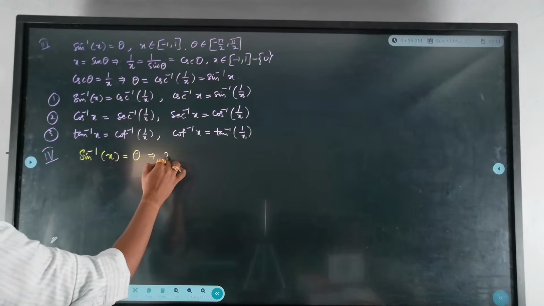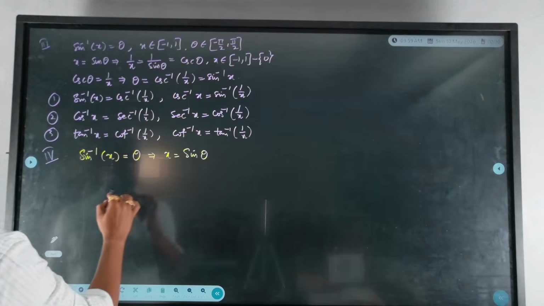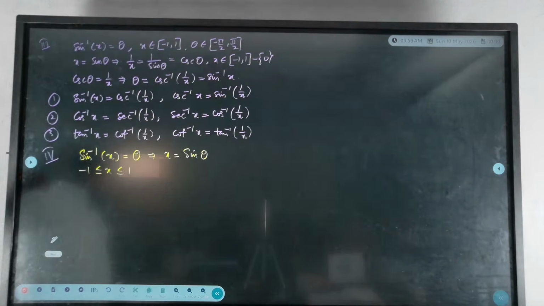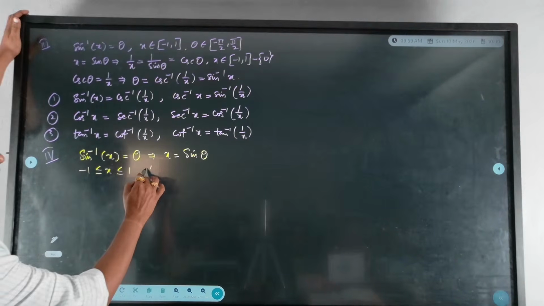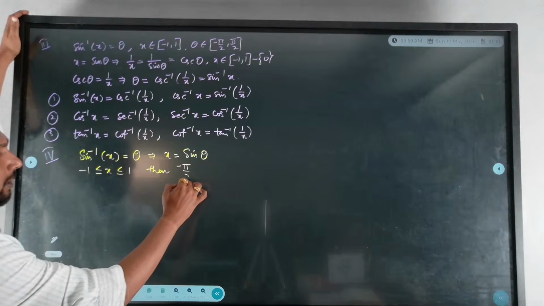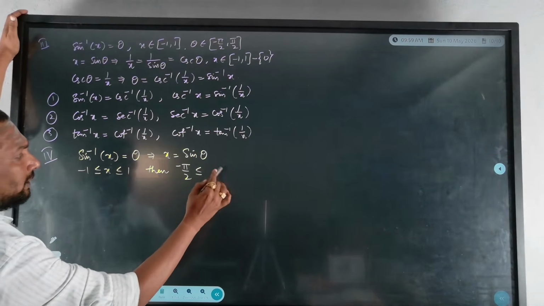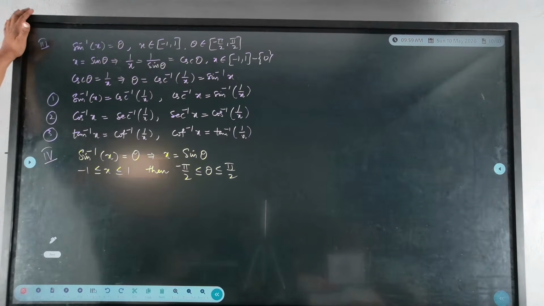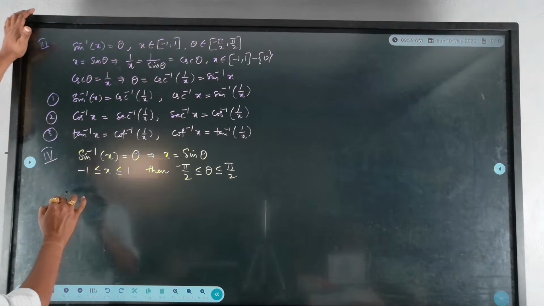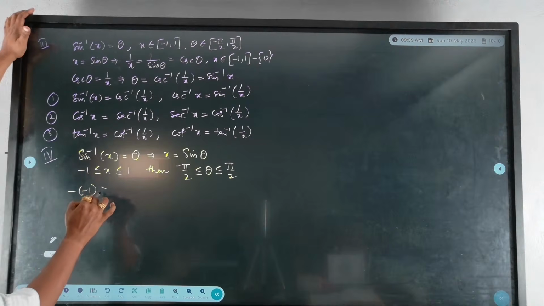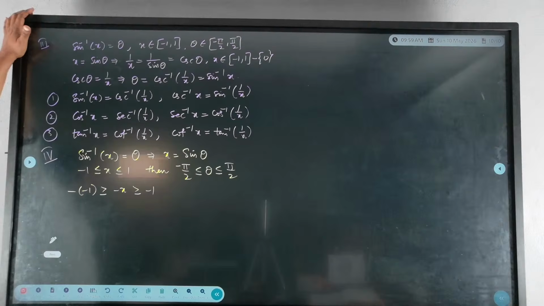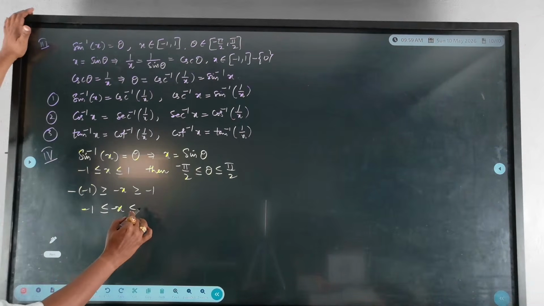That implies x is equal to sin theta, with minus 1 less than or equal to x less than or equal to 1. Then minus pi by 2 less than or equal to theta less than or equal to pi by 2. Now minus 1 less than or equal to minus x less than or equal to 1.